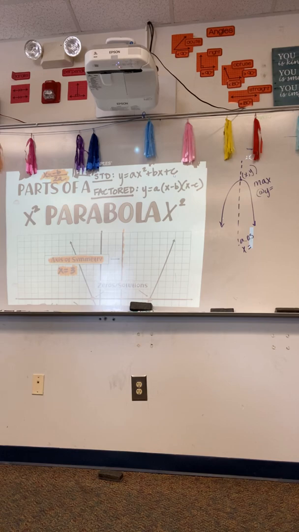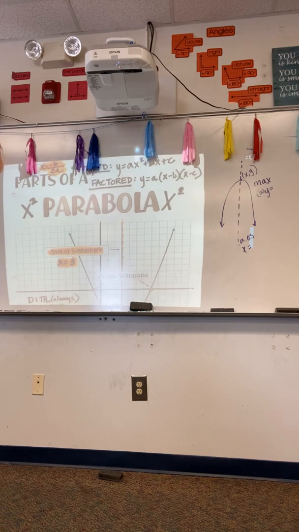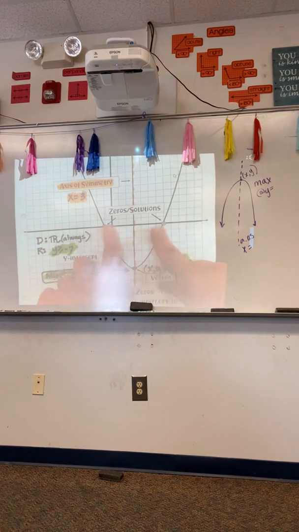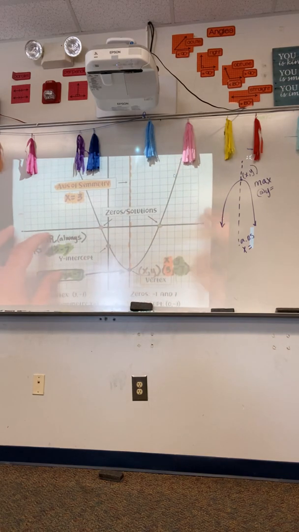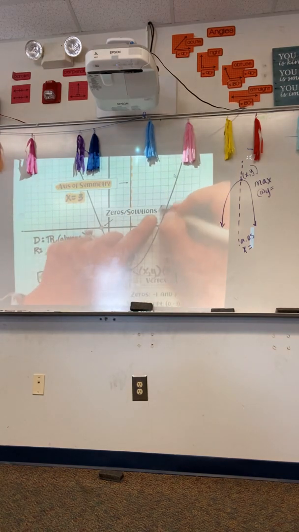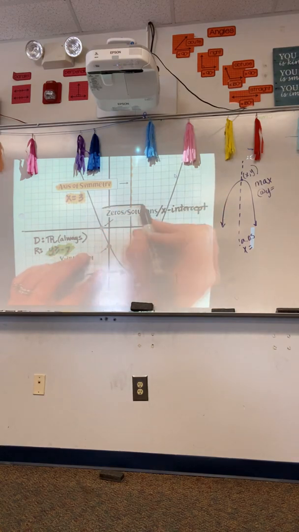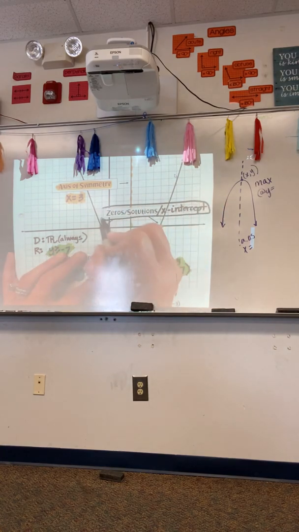All right, now watch. Watch, watch, watch, because it's about to get crazy, and then we're going to hit some notes. Your zeros right here, your solutions, these are also called, write this down, x-intercepts. All of these things are the same thing.